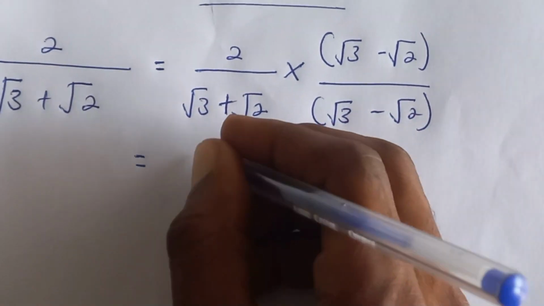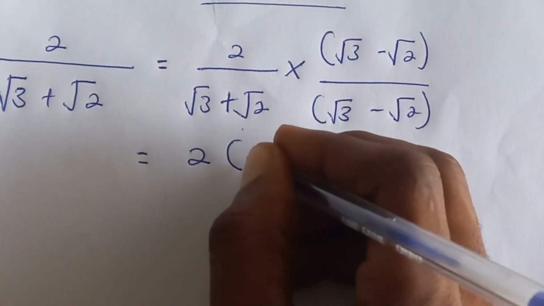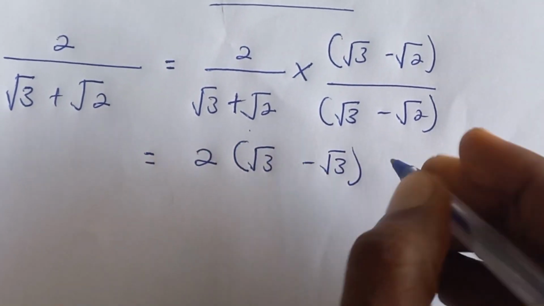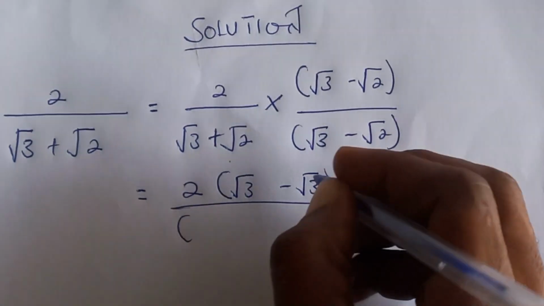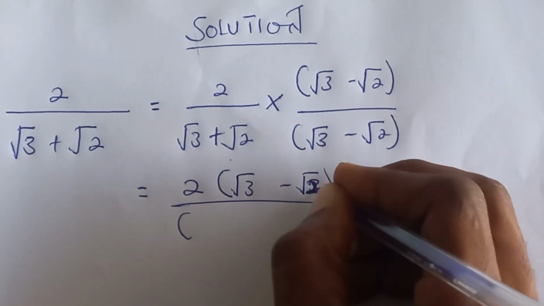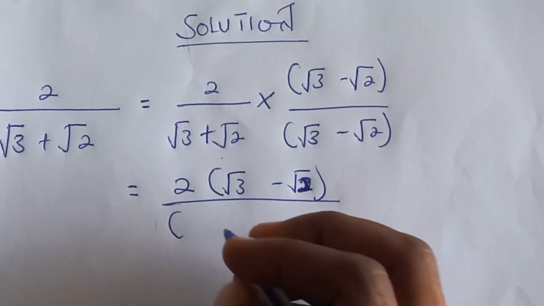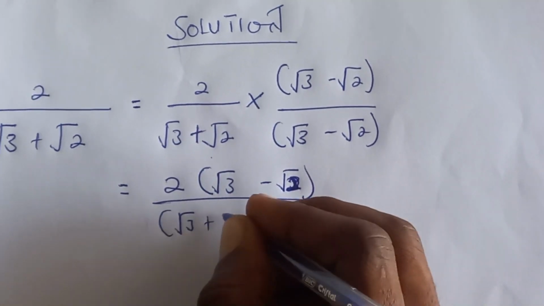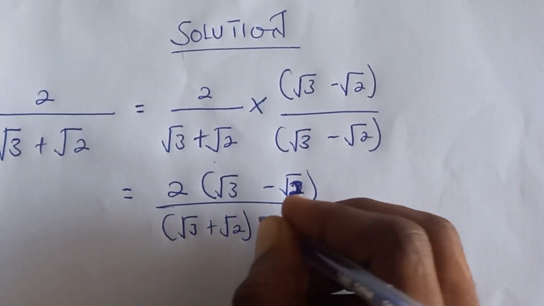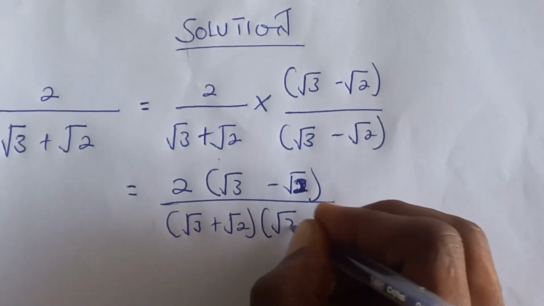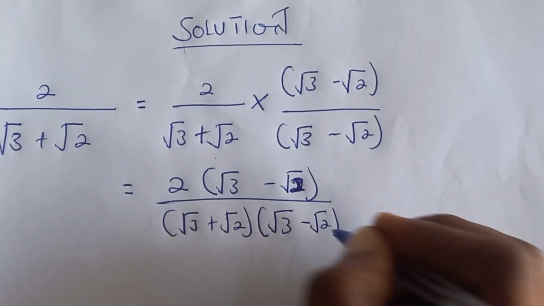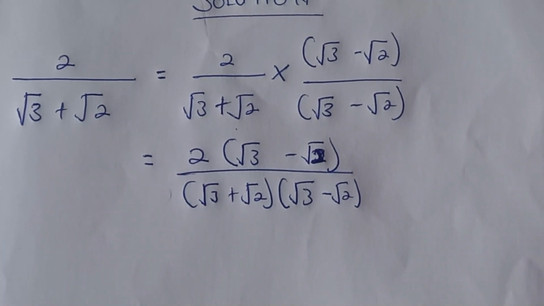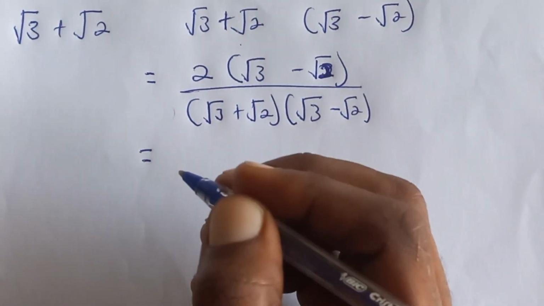So we are going to get 2 multiplied by root 3 minus root 2, on root 3 plus root 2 multiplied by root 3 minus root 2. Good. Like this. Now, we have to expand brackets.